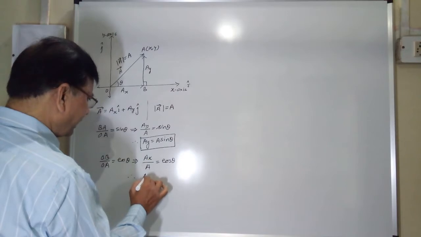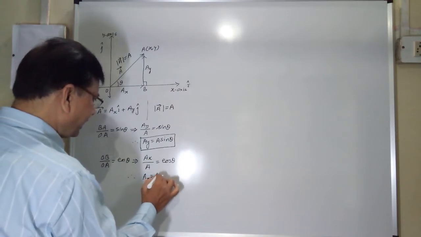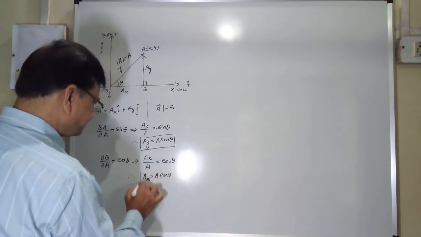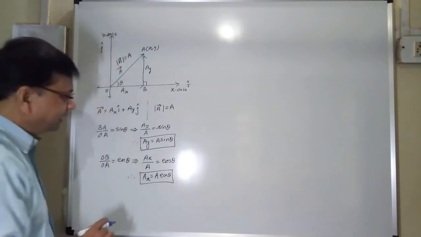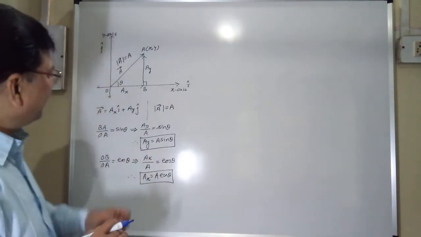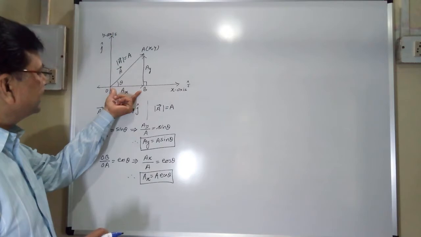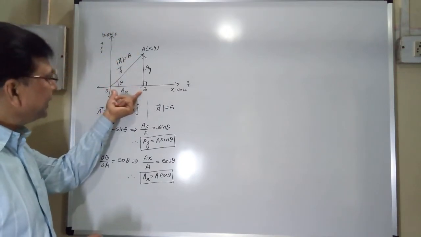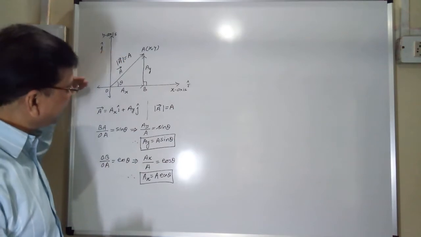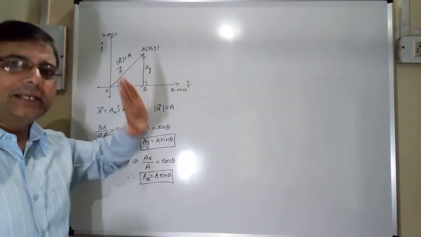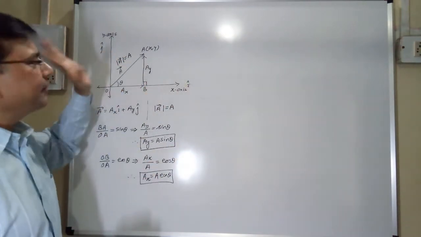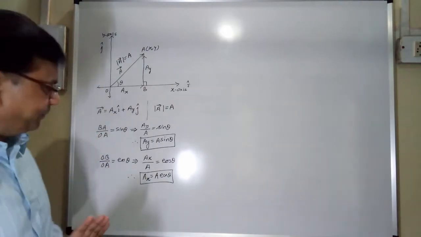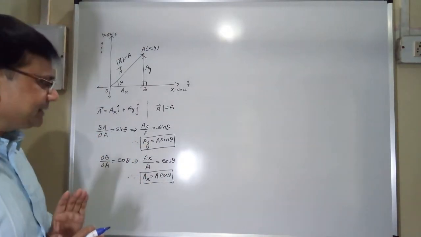Therefore, AX is equal to A cos theta. Why did I do this? We wanted the component of this vector along the x-axis in terms of the magnitude of the vector A. So AY and AX are known.